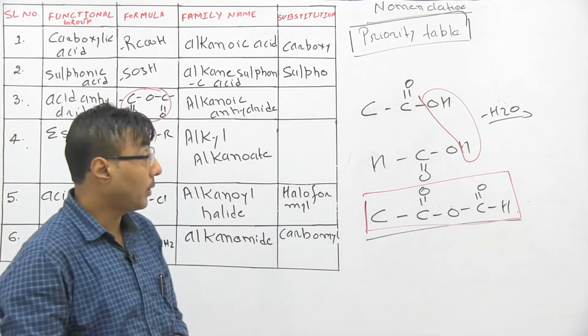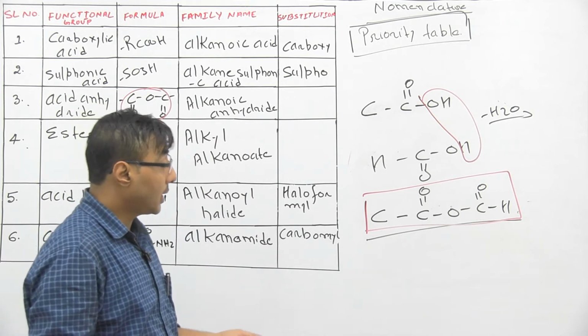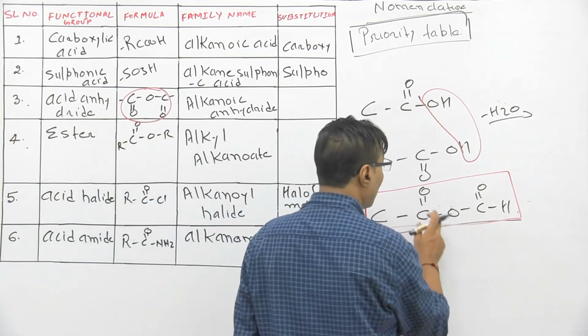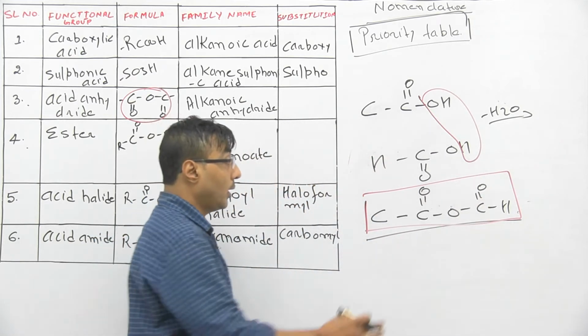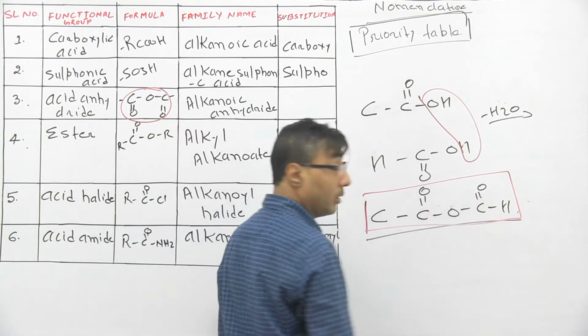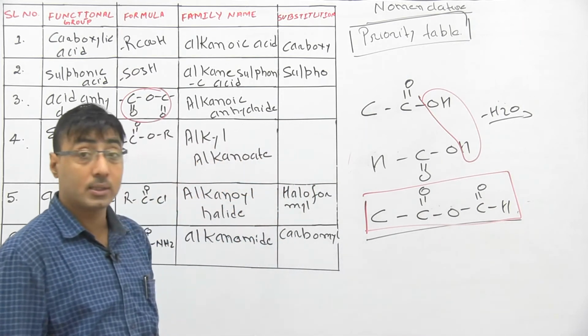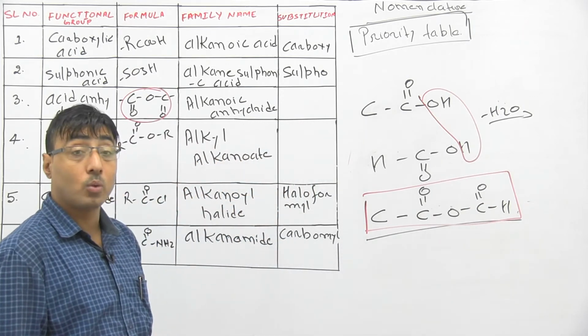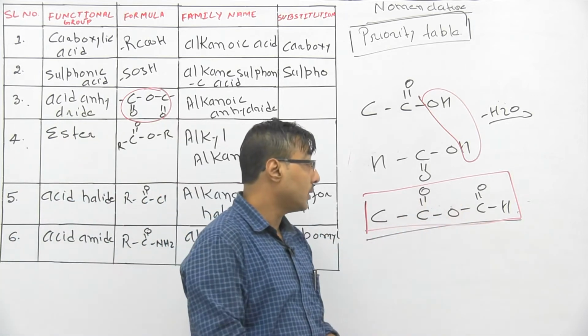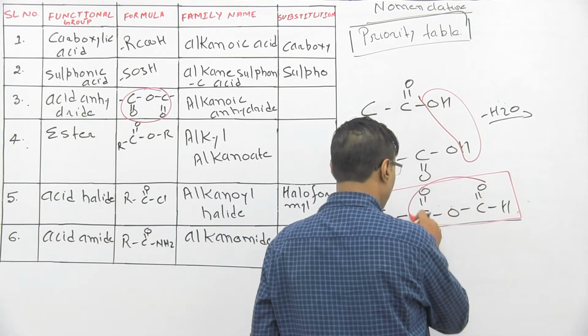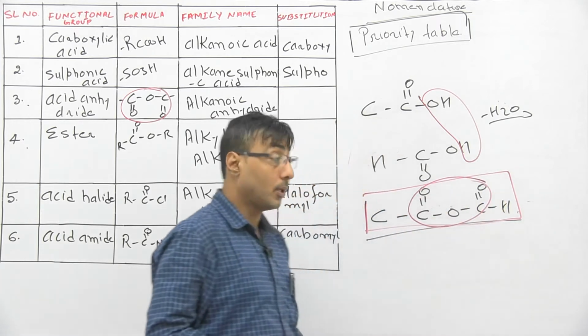This is an anhydride because it contains C double bond O, single bond oxygen, single double bond oxygen. So this part is the identification part of anhydride. 3 oxygens are there, 1 oxygen between 2 carbons, and both carbons are attached by C double bond O. So this is the signature of acid anhydride, this part.